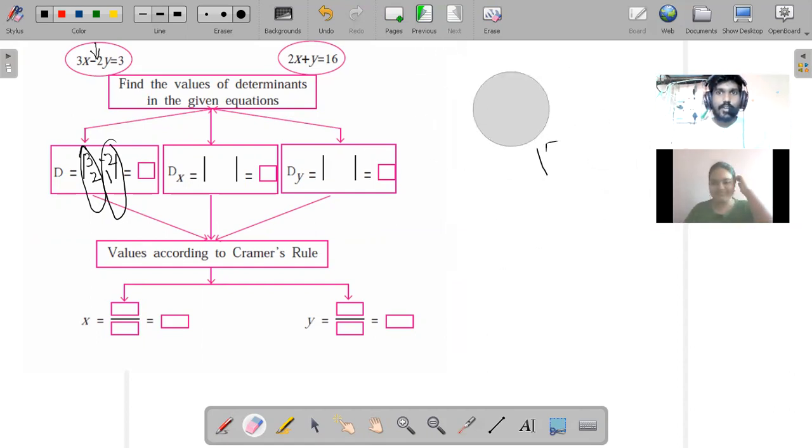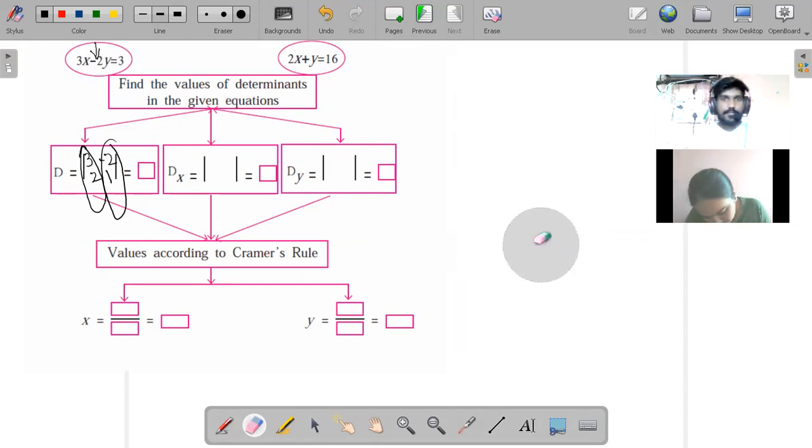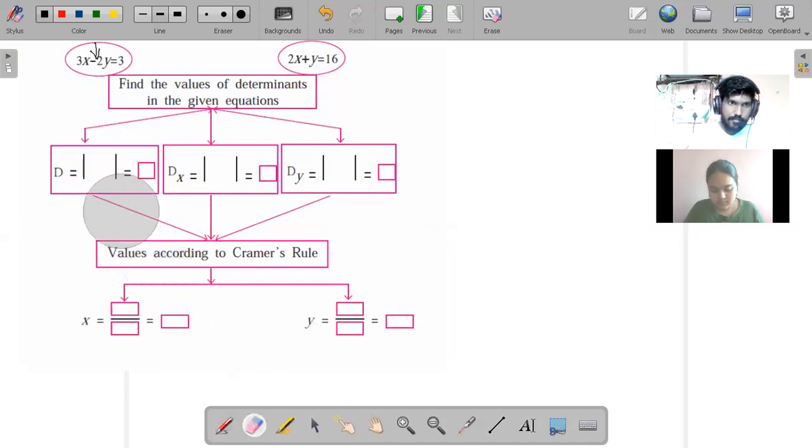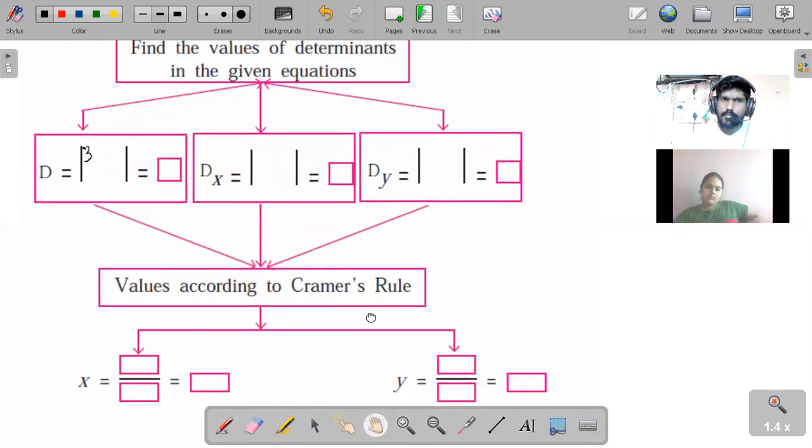Okay. And now what is the determinant? The cross multiplication thing? So minus 12, I think.